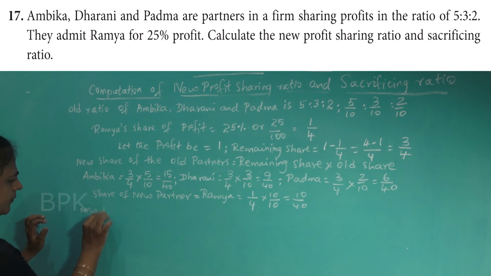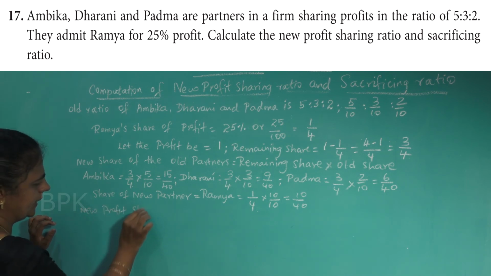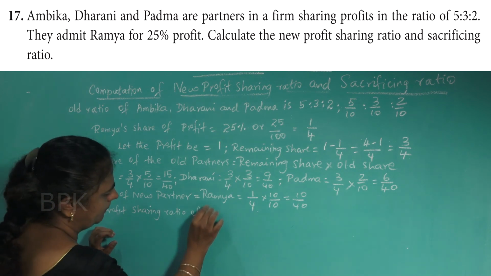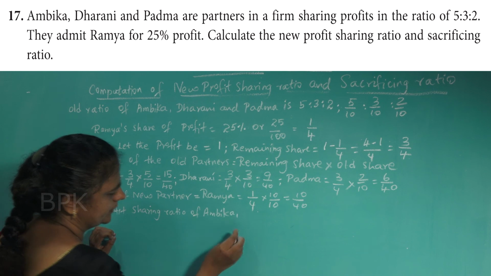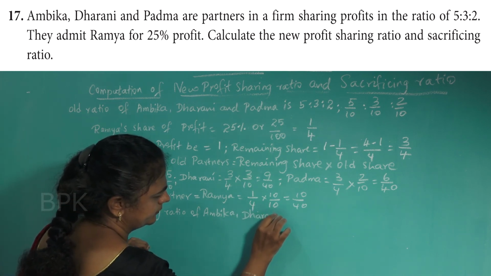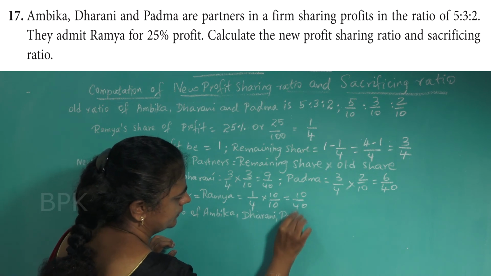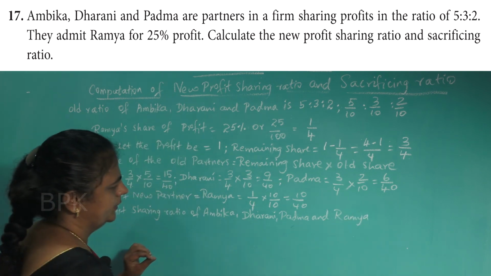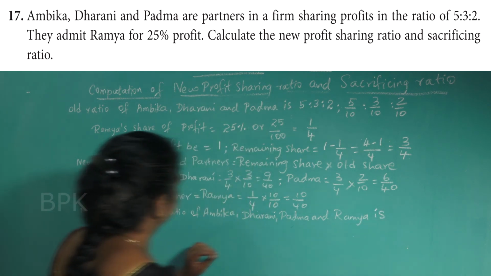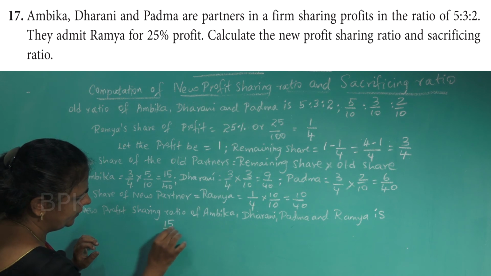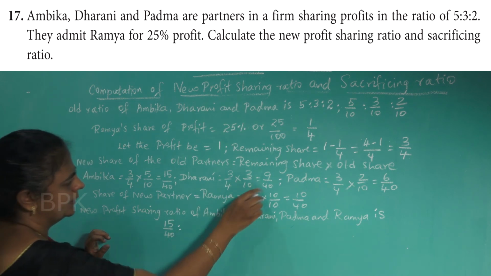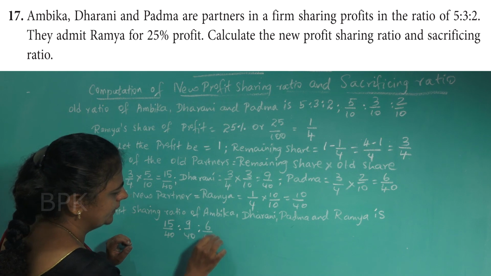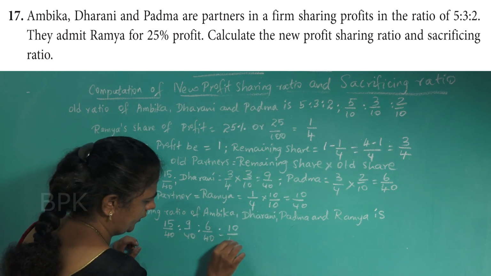New profit sharing ratio of Ambika, Dharani, Padma and Ramya is the ratio 15 by 40 is to 9 by 40 is to 6 by 40 is to 10 by 40.